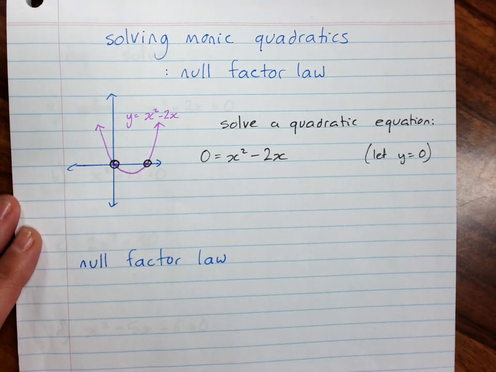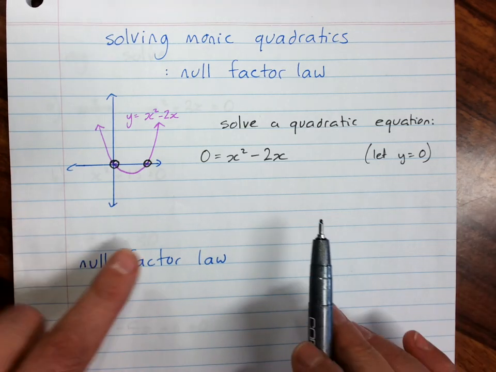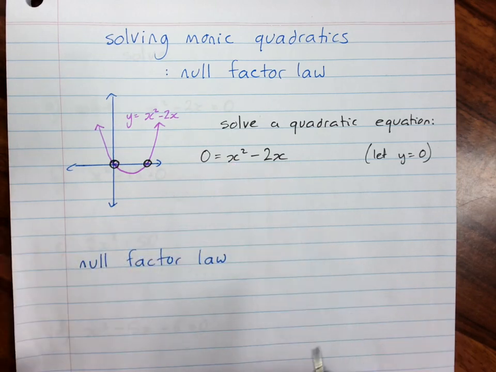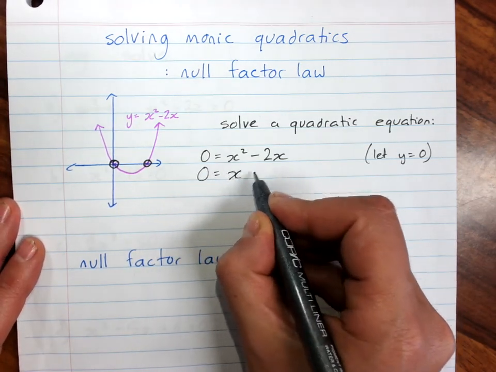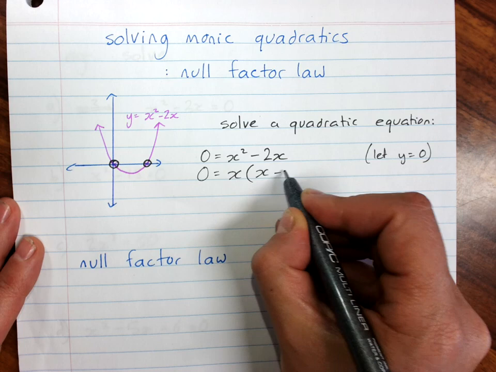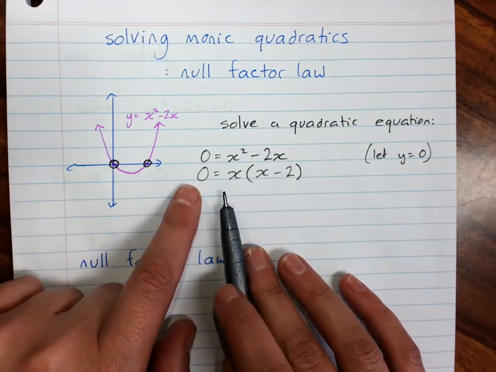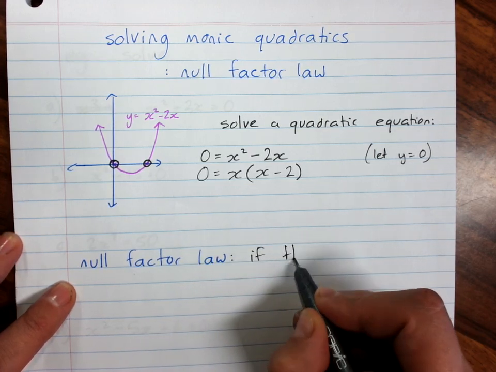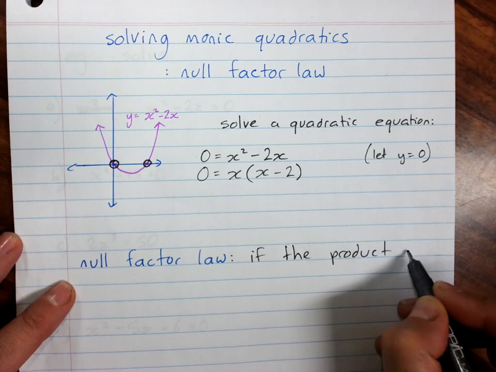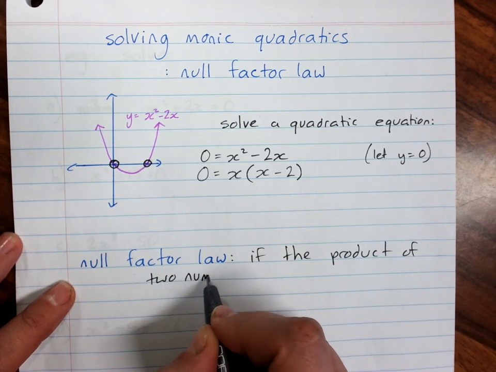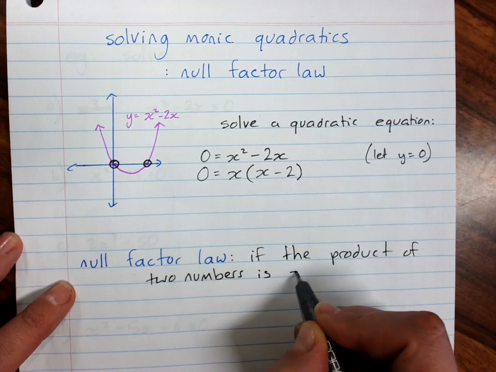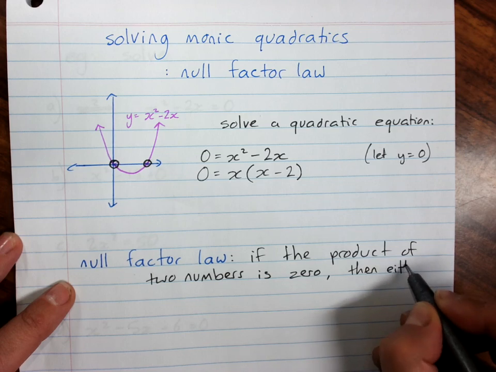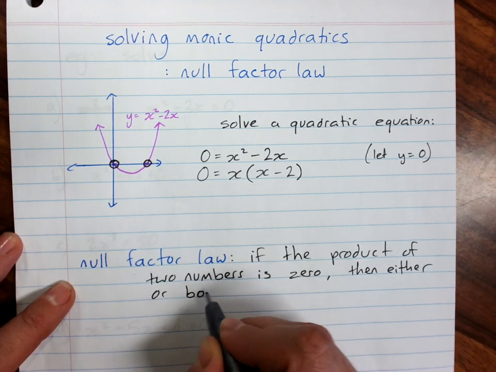The way that we solve a quadratic equation, if it's an expression, we let it equal 0. We factorize now, then we use the null factor law, which says if the product of two numbers is 0, then either or both of the numbers are 0.